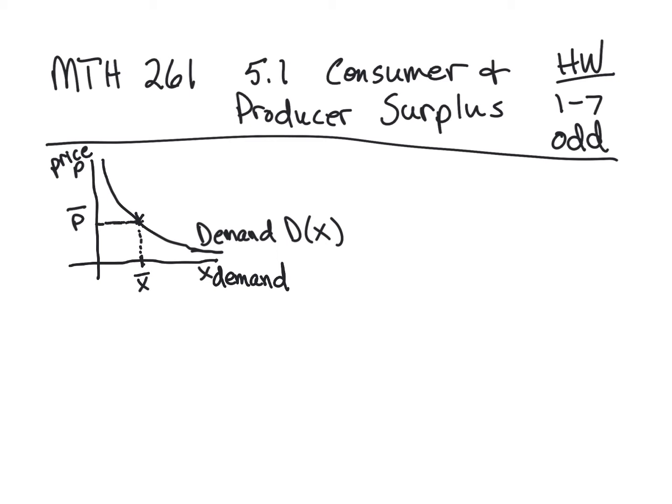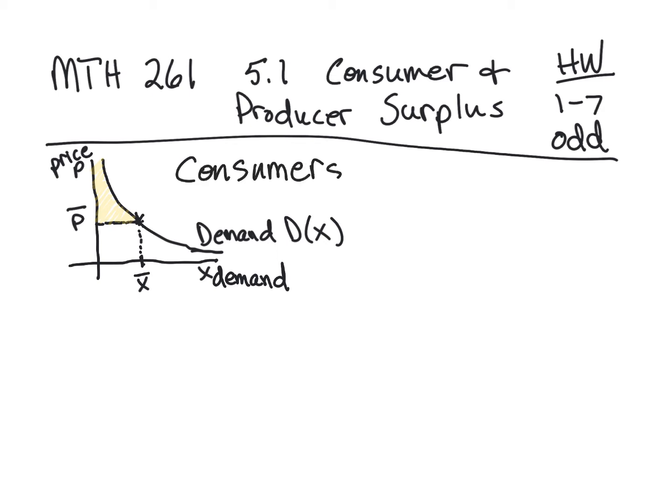And if you're one of those people that was willing to pay this higher price, then you walk out the door having paid less, then all of this right here, all of this yellow, you feel like you're walking out with that in your pocket when you were willing to have paid it. So that area right there is called the consumer surplus.